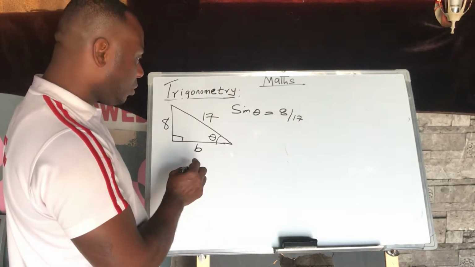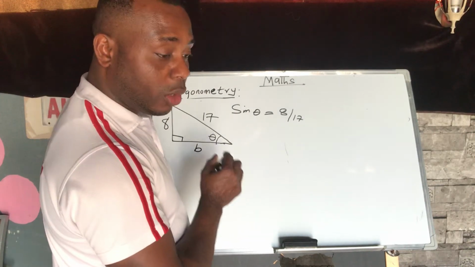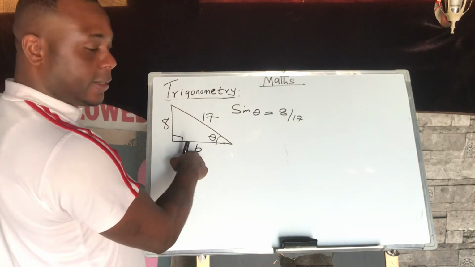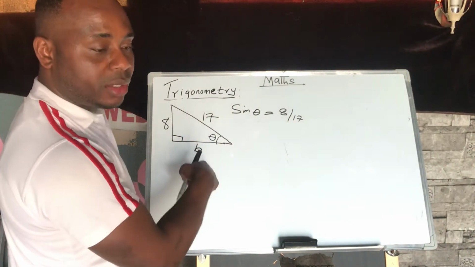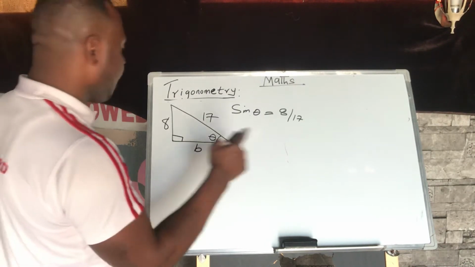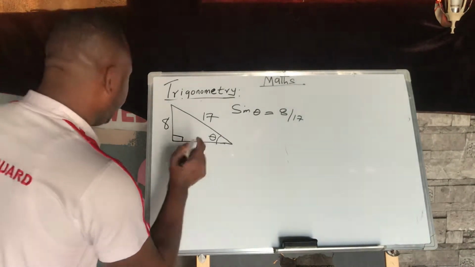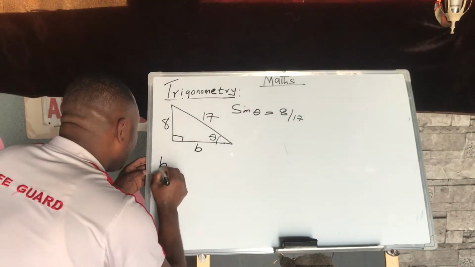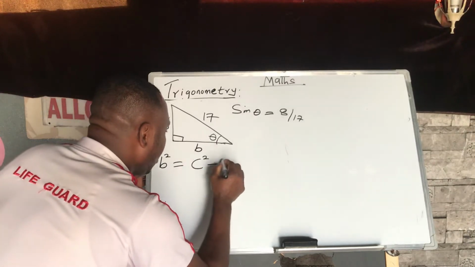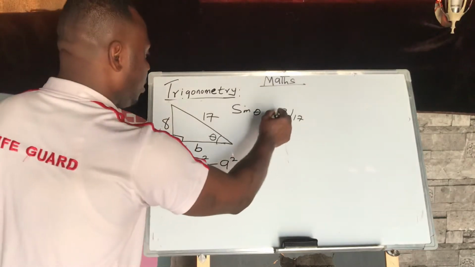Now, our first question is we should find cos theta. Now, we are going to refer back to Pythagoras theorem because without Pythagoras theorem, we can't get this. Pythagoras theorem says that when you are looking for B here, B square equal to C square minus A square.